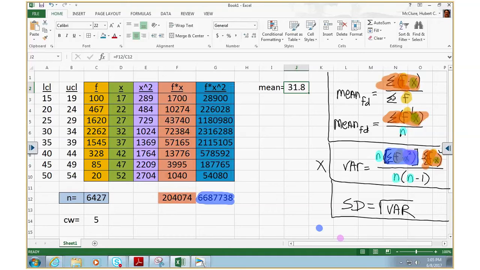N is right here. That's N and this is N. That's why I got it written twice. Okay, does anybody have a problem with the mean? Now, if you remember, go back in your notes. We went over this the same way.